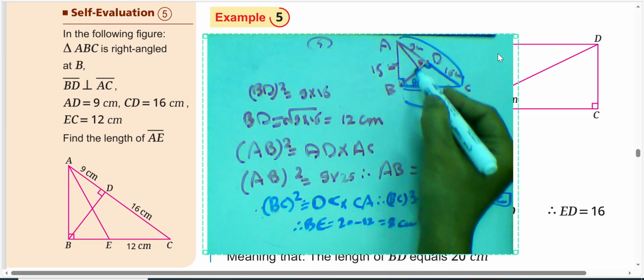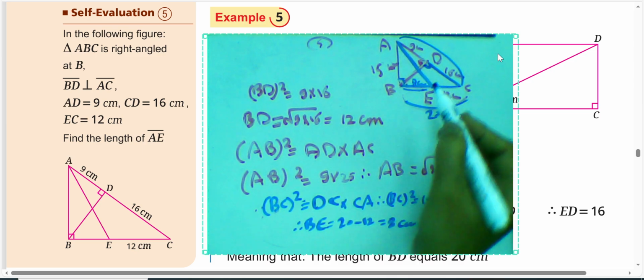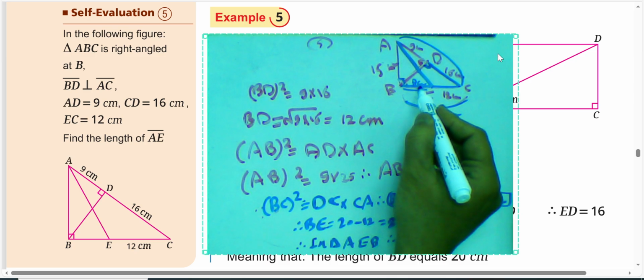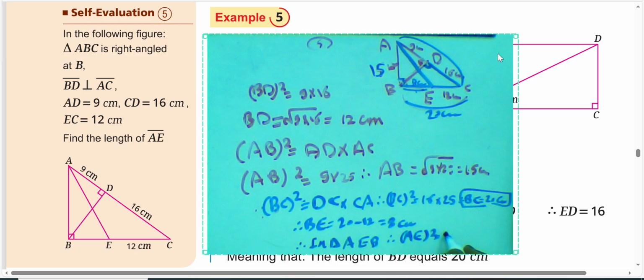Okay, we have here a right angle triangle. We can find AE from the Pythagoras theorem. Okay, then in triangle AEB, AE power 2 equals 8 power 2 plus 15 power 2.